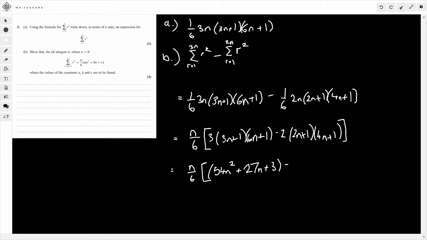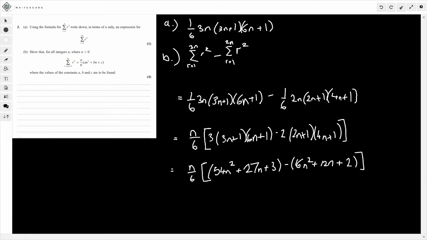That's the first bracket. And then for this one here, you should get minus 16n squared plus 12n, and then a plus 2 here.